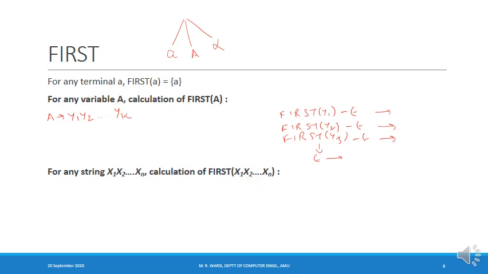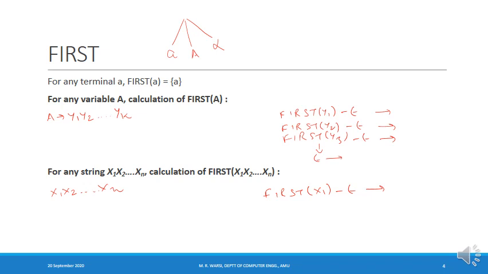So I can say that any string which is derivable from this will begin with the terminal symbol which is there in the first of x1. So I'll be adding whatever symbols which are there in the first of x1 minus epsilon to the first of the given string.